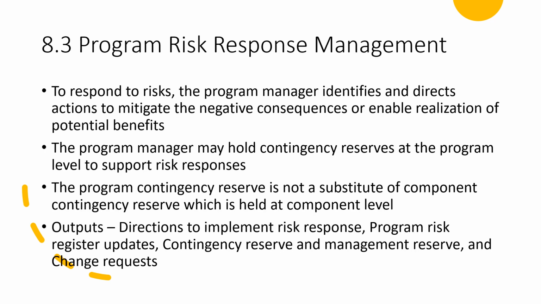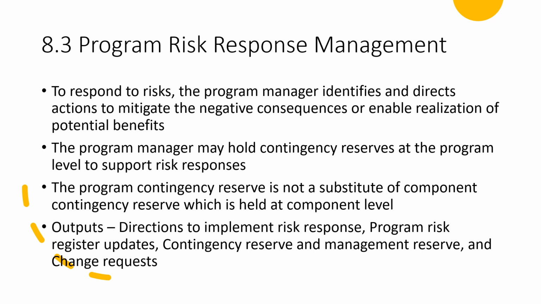The final step in risk management is program risk response management. To respond to the risks, the program manager identifies and directs the actions to mitigate the negative consequences or enable the realization of positive consequences. The program manager may hold contingency reserves at the program level to support the risk responses. The program contingency reserve is not a substitute for the component contingency reserve, which is held at component level.